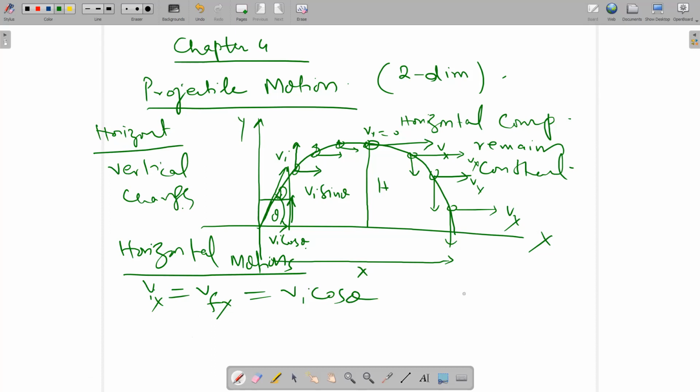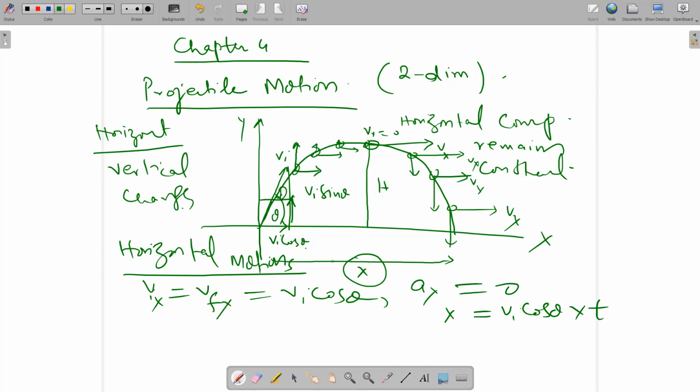Because the initial horizontal velocity and the final horizontal velocity always remain the same in the whole motion. And the horizontal component of acceleration is 0. No horizontal acceleration. So that's why the x value will be Vi cos of theta into t. Because there is no acceleration.